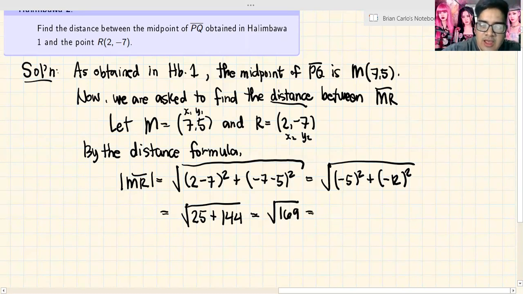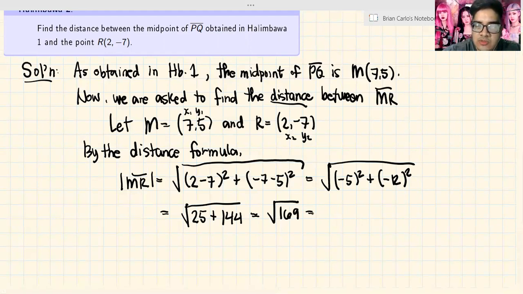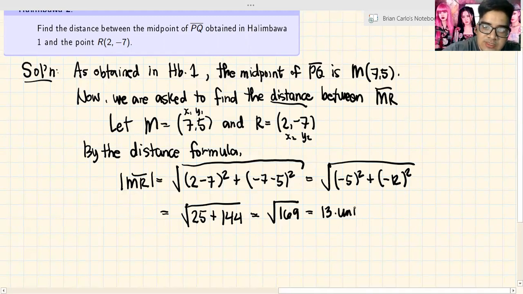So, in the top of my head, 169 is a perfect square. Kaya pwede mong kunin yung radical niya. So, the square root of the perfect square is 13. So, the distance between the midpoint obtained in halimbawa 1 and the point R (2, -7) is 13 units. Lagyan nyo na units.